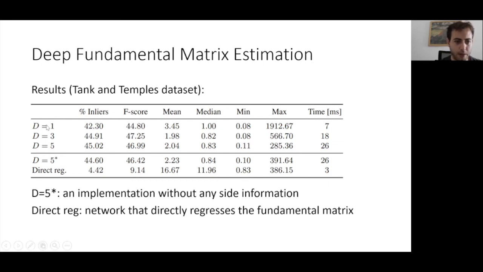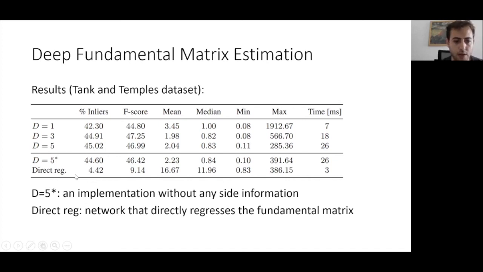As you can see, with more updates, the results got better. And they also compared the times: the time to compute the forward pass is larger, but they get a better solution. And if they use the 5-star, which means that they do not use side information, the results are less good compared to using the side information.